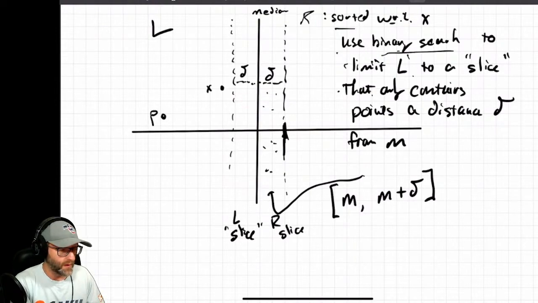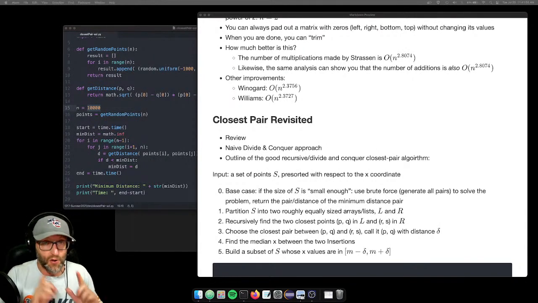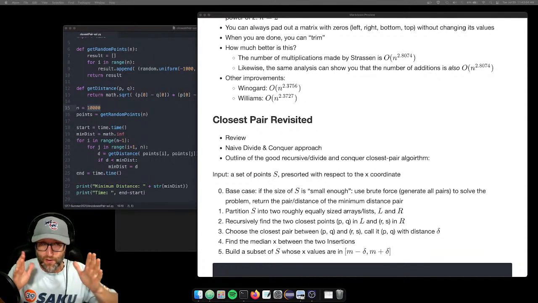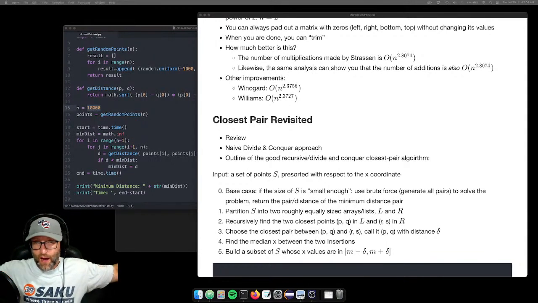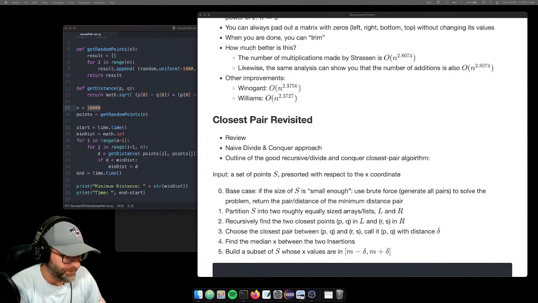All right. So build a subset of X whose values are in this. And you can use binary search on both ends. Binary search to find the slice cutoff over here. Binary search to find the slice cutoff over here. And now you can ignore everything else outside of those two things. You've built a subset, all right? Potential problem here.